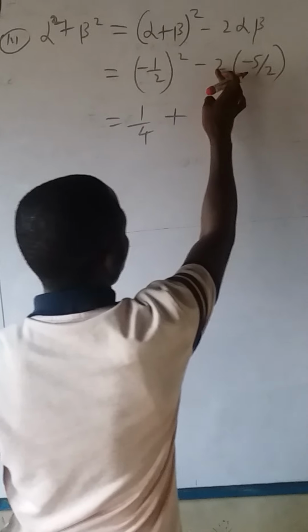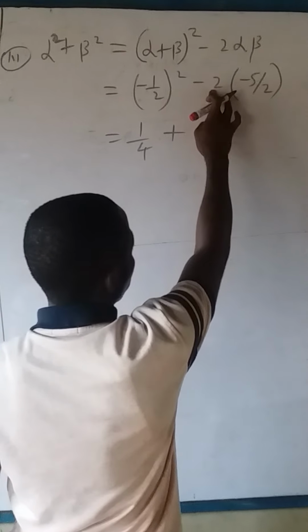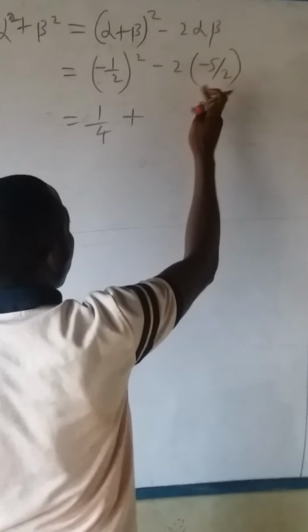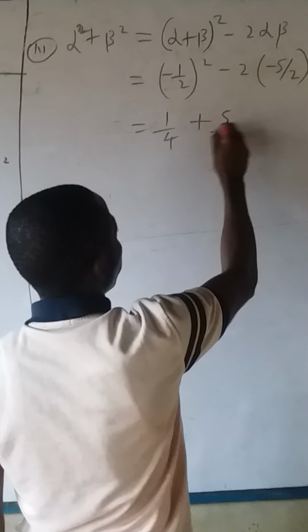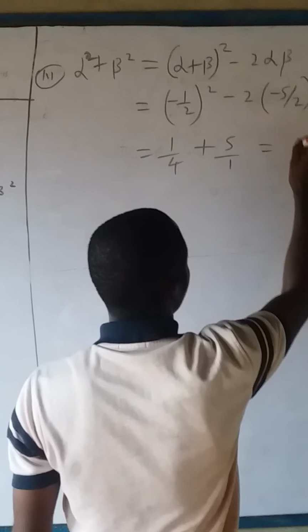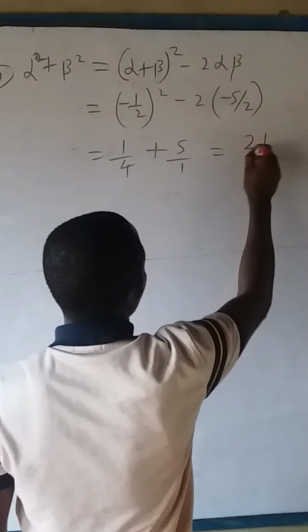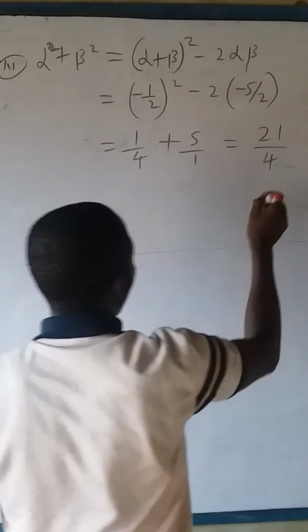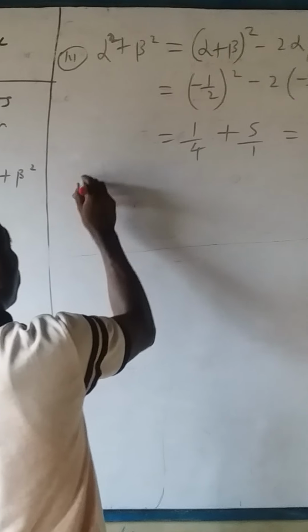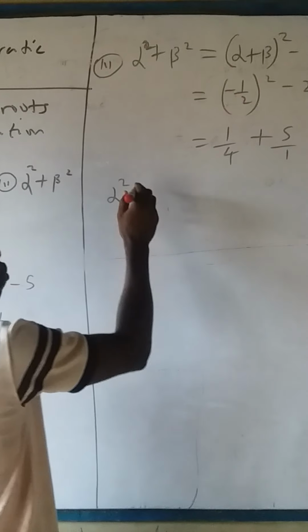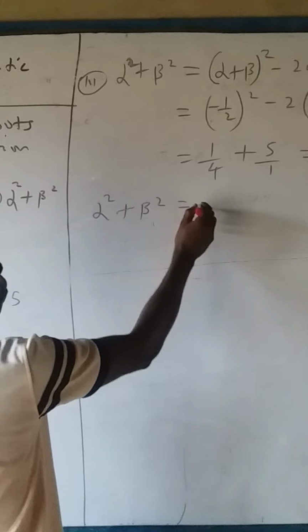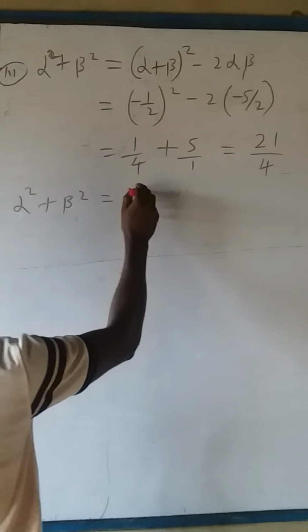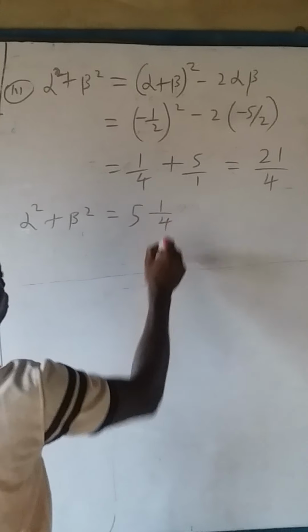These two will cancel this, the 2 we have outside, so I'm going to have 5 over 1, which is the same thing as 21 over 4. Finally, alpha squared plus beta squared is 5 whole number 1 over 4.